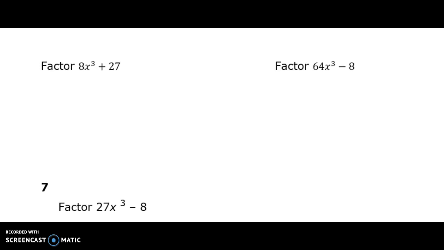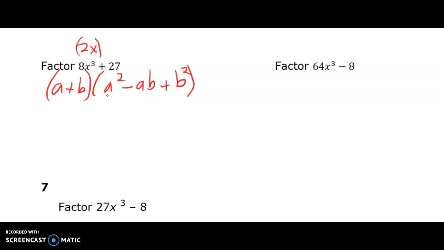So the formula is, if there's a plus sign in between, is A plus B, minus AB plus B squared. So this is square root of 8 is 2x cubed.